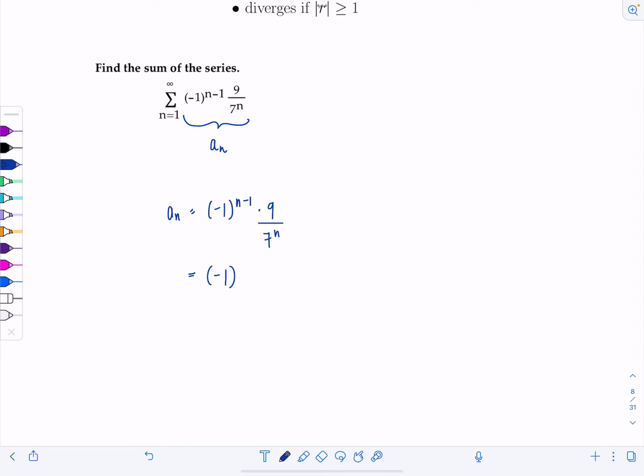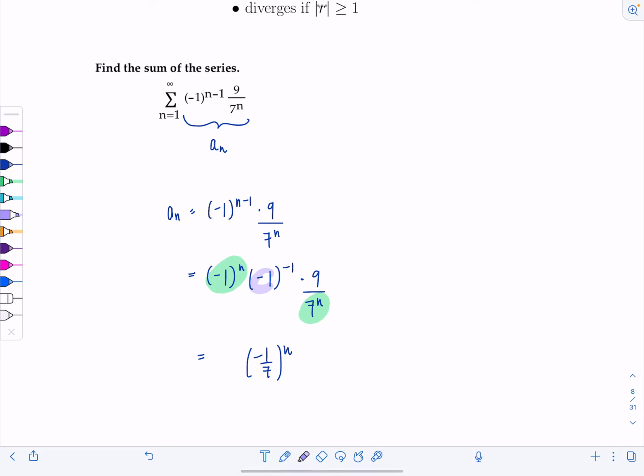This is negative 1 to the n times negative 1 to the negative first, right? Good. Times 9, which is not raised to the n, over 7 to the n. So this is raised to the n, this is raised to the n. Let's put them together. You see what I'm doing? So I have negative 1/7 to the n.